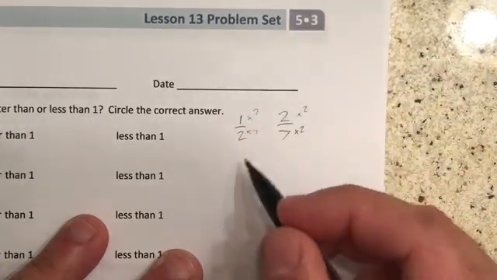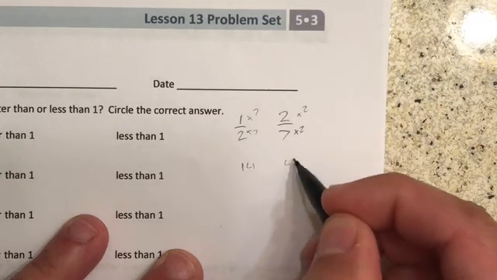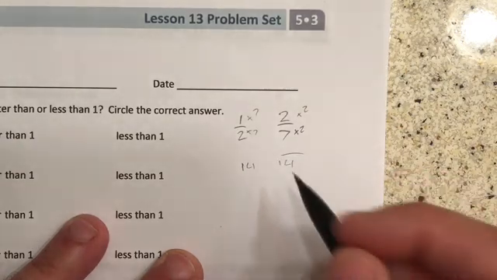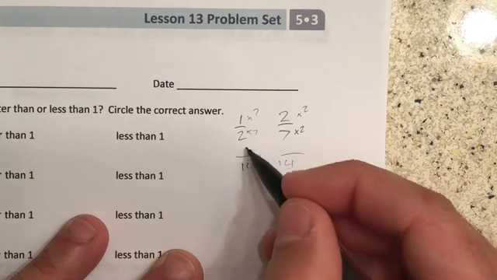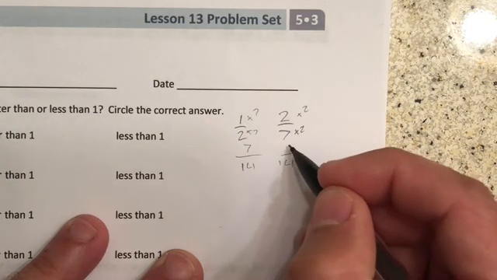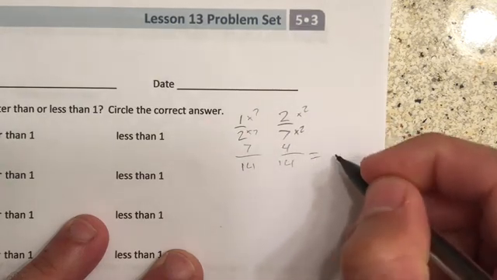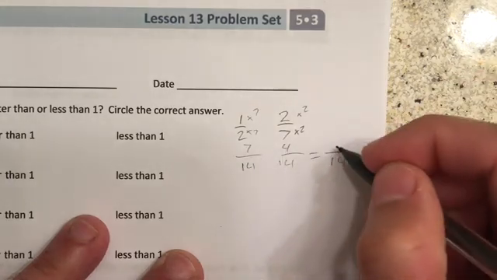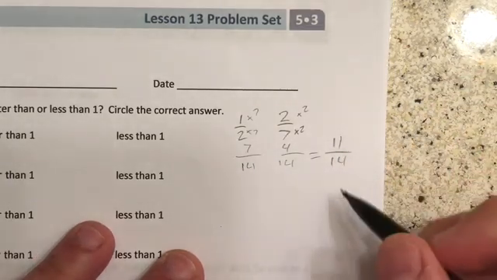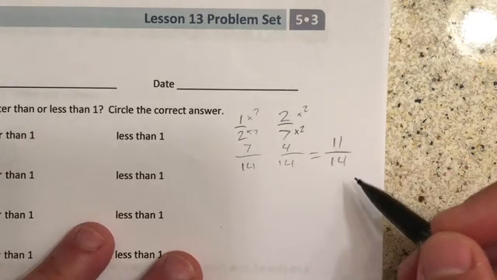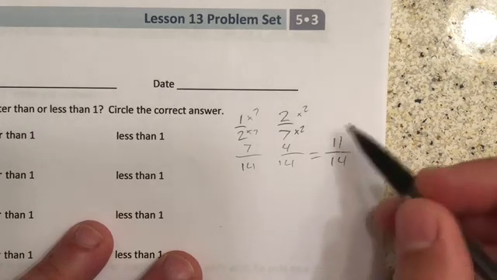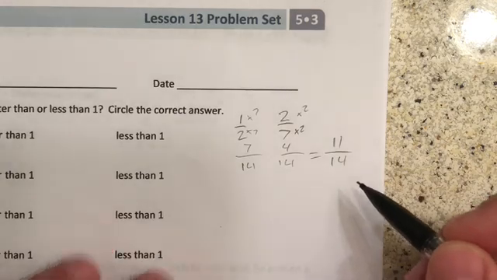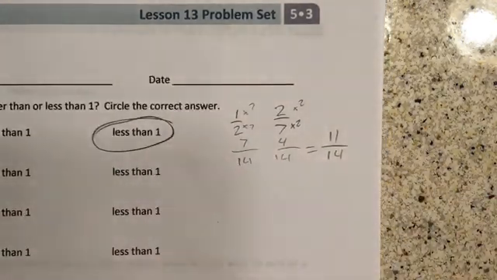That gives me 14 and 14. 1 times 7 is 7. 2 times 2 is 4. And it's all going to be over 14. 7 plus 4 is 11. 11 14ths. Now, ladies and gentlemen, if we had 14 14ths, we would have 1. But in this case, we have 11 14ths, so we have less than 1.